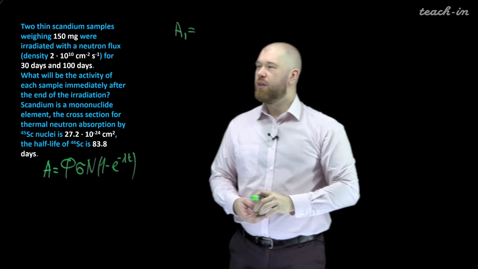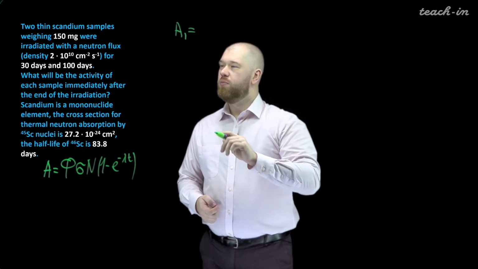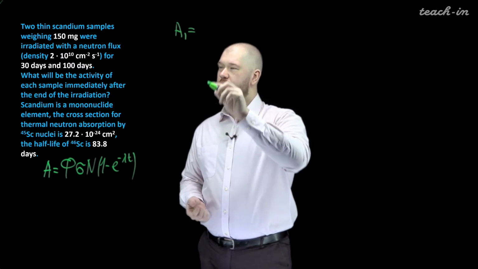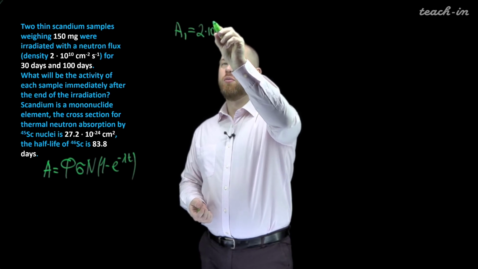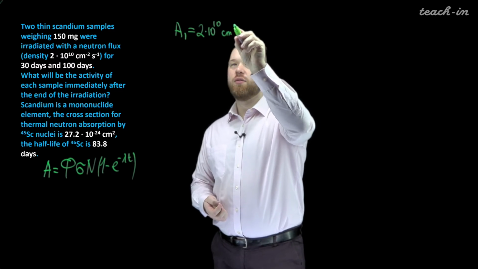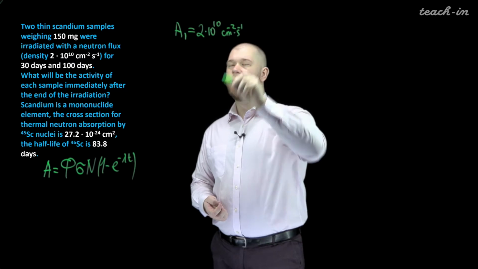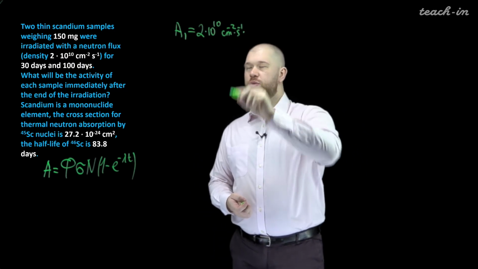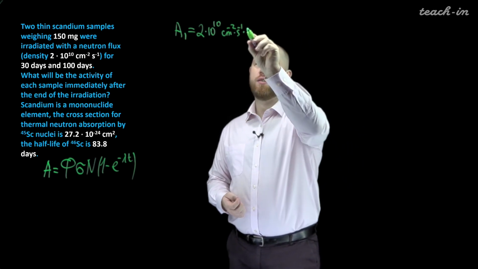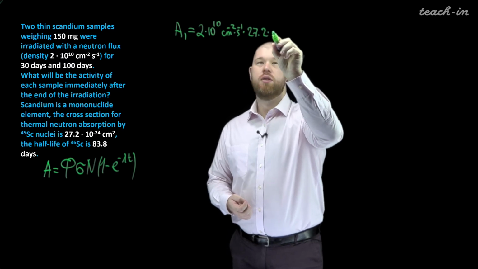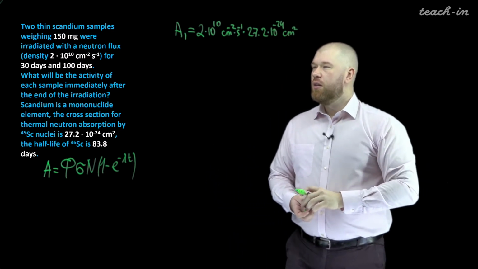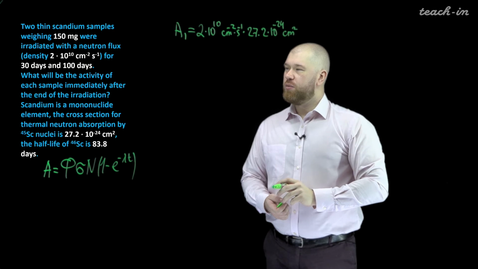So the activity of the first sample will be: the flux is equal to 2 times 10 to the power of some neutrons per square centimeter per second. The cross section of the nuclear reaction is 27.2 times 10 to minus 24 square centimeter. Number of atoms irradiated.